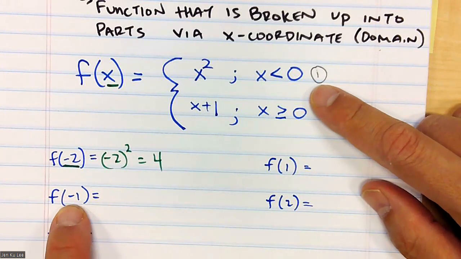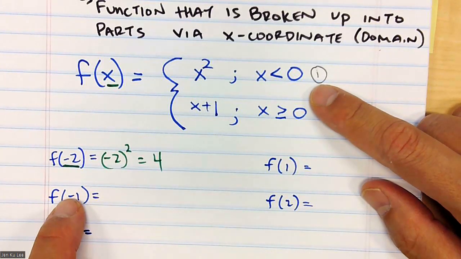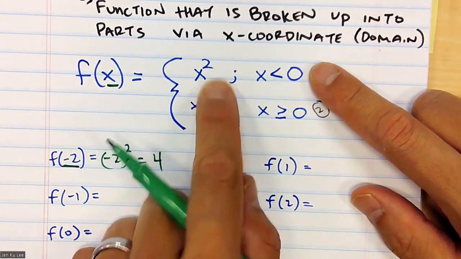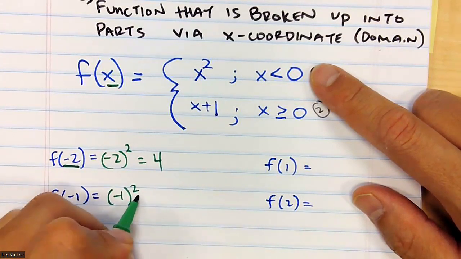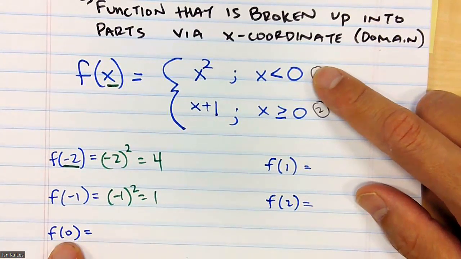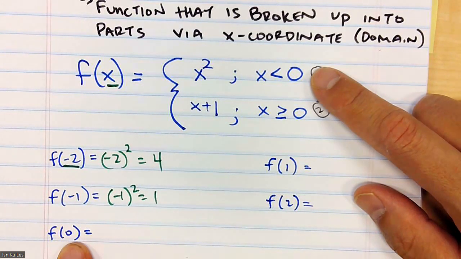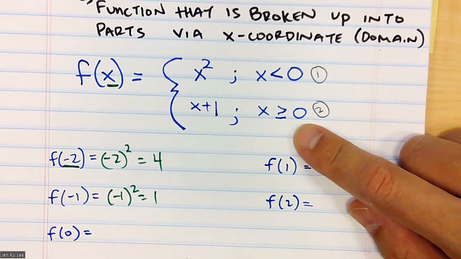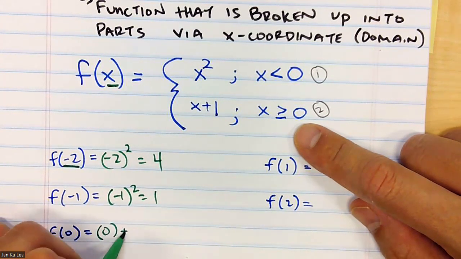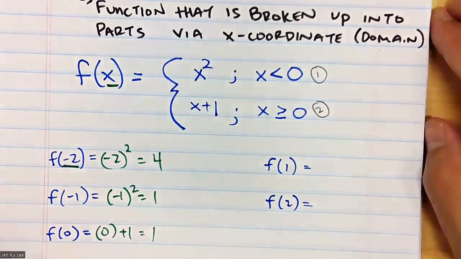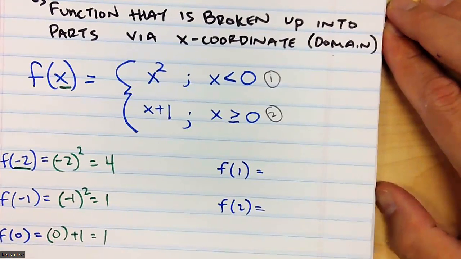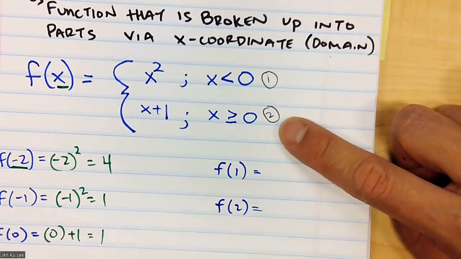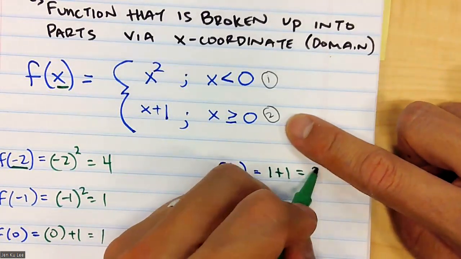For -1, since -1 is less than 0, it's the same thing: -1 squared, which is 1. 0 is equal to 0, so then it has to be number 2, which is 0 plus 1, which is 1. 1, which is number 2 because it's greater than 0, is going to be 1 plus 1, which is 2.